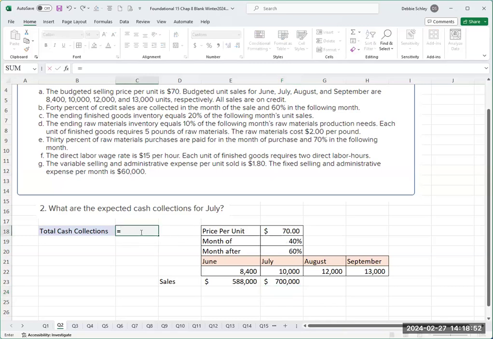So I'm going to equals, open parentheses, June sales times the month after of 60%, close parentheses, plus, open parentheses, July sales times the month of percent, which is 40%, close parentheses, and that gives me total cash collections for July.